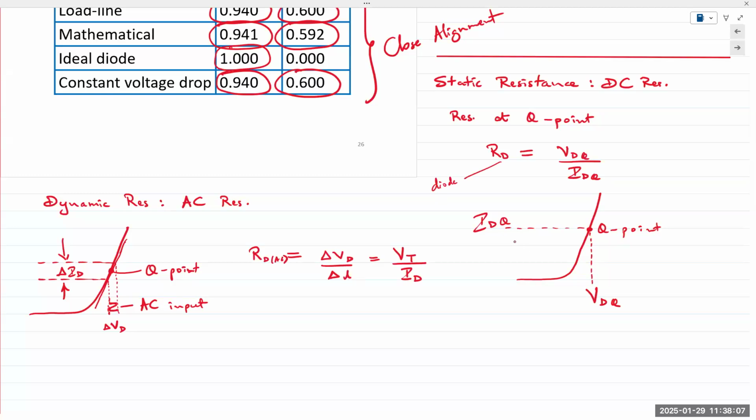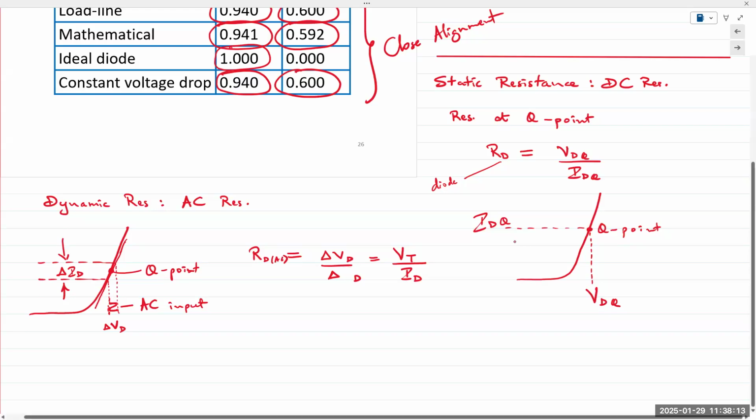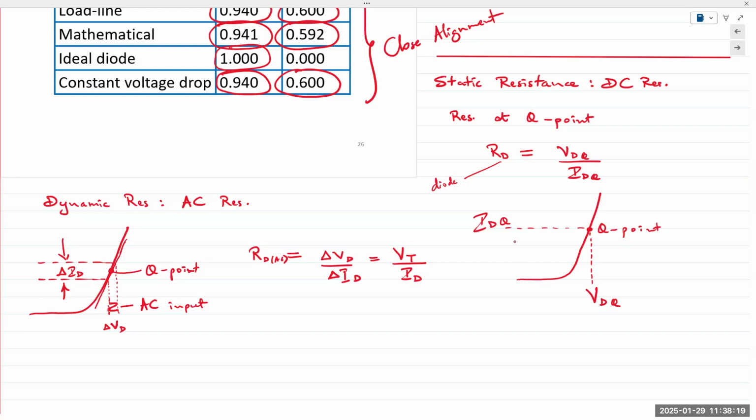So this is the variation in the diode voltage, and it turns out to be the thermal voltage divided by ID. And that ID depends on whichever point you take. If it's the Q point, it would be IDQ. If that Q point changes, it would still simply be that fixed value of ID at that point. The thermal voltage VT over ID. Okay. And these two equations are something you would need for lab 3 calculations.